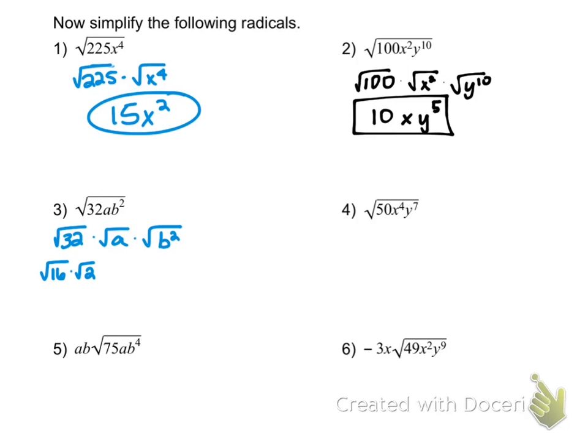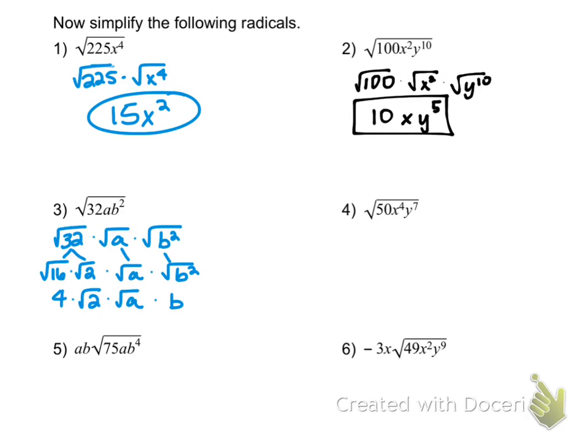And then this stays the square root of a, and this I'll just keep as the square root of b squared. So now I can go through and take the square root of everything. The square root of 16 is 4, times the square root of 2, times the square root of a, times b.